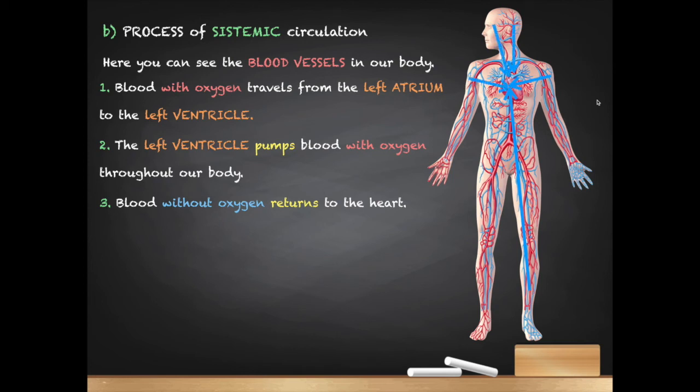See? Blood without oxygen comes back to the heart. And in step 4, the process starts again. Pulmonary circulation, and then systemic circulation, pulmonary circulation, systemic circulation, all the time.